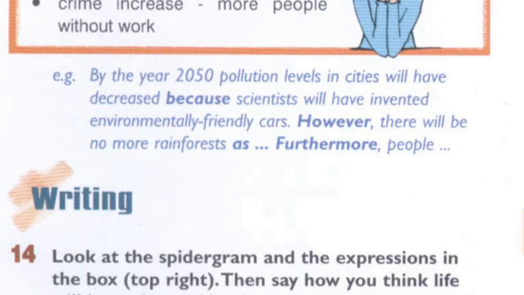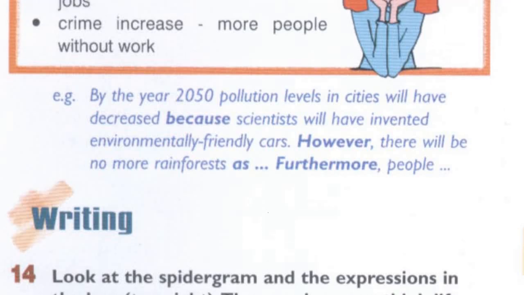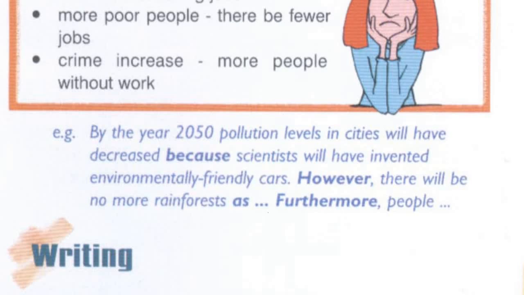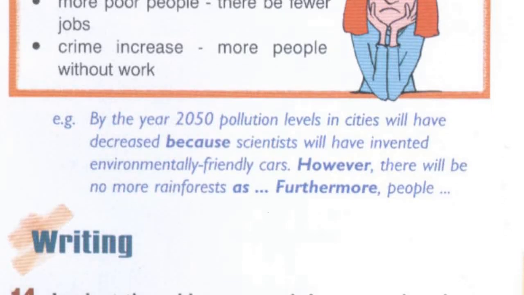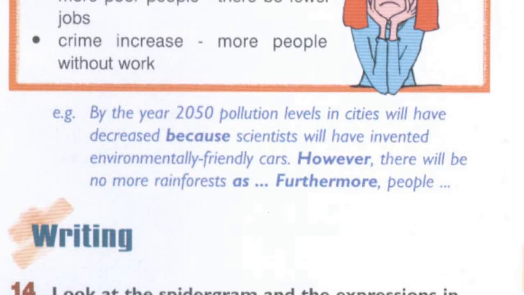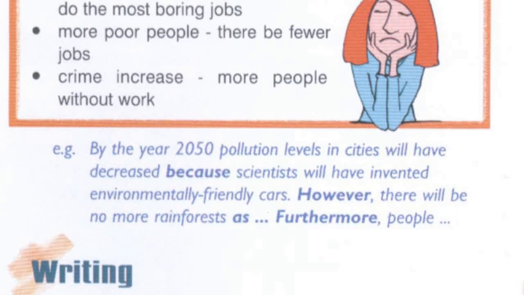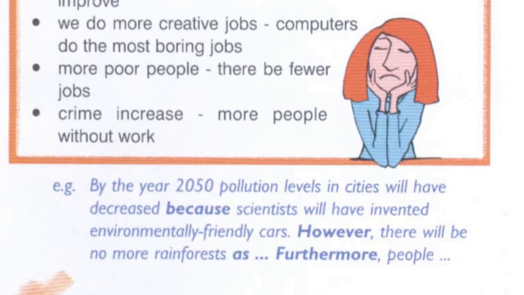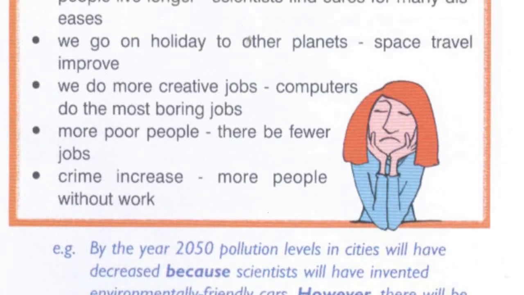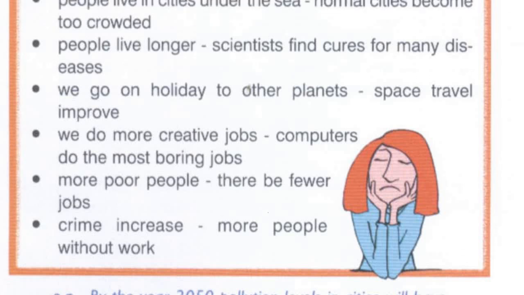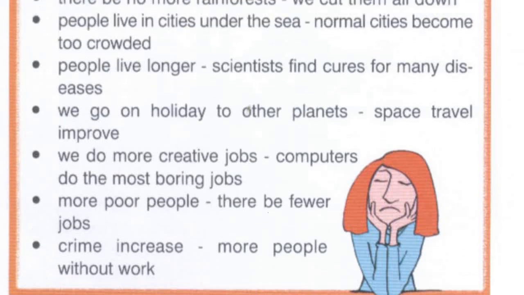Very interesting sort of writing. Just remember, we learned about the previous linking ideas. Furthermore, however, and we explained that these are adverbial conjunctions or conjunctive adverbs. Now, we have some extra which is added here: because, as, since. What are these? These are called subordinating conjunctions.